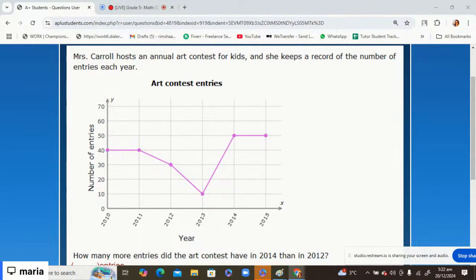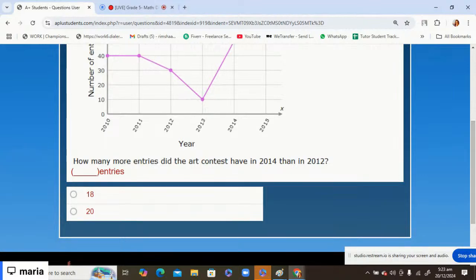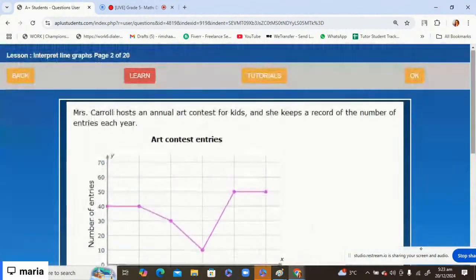So check it out. 2014, it's 50. 2012, it's 30. So how much more? 50 minus 30. So what's the answer? It's 20. So 20 more entries.